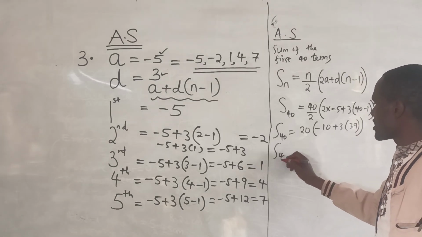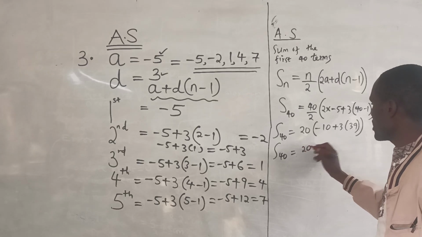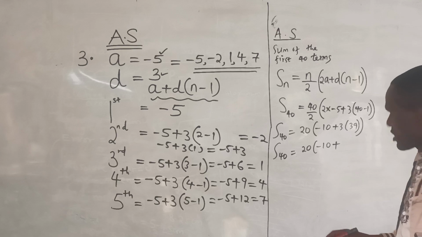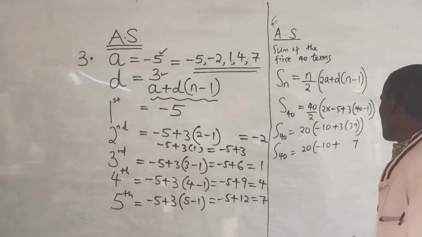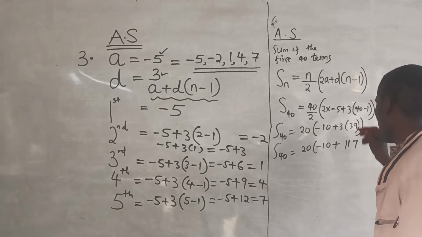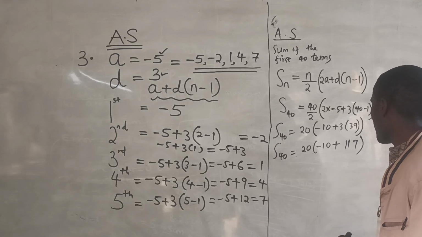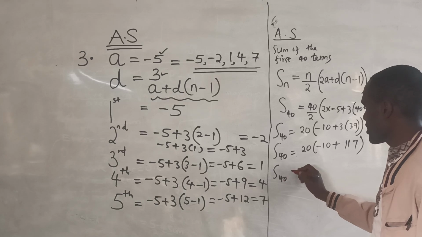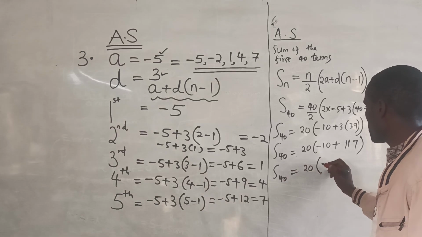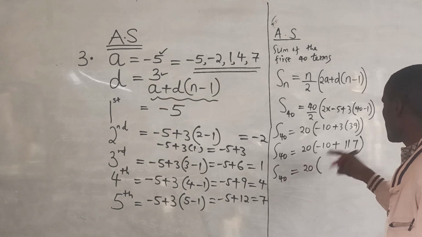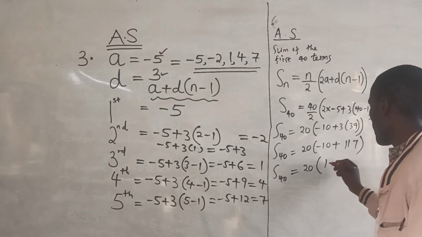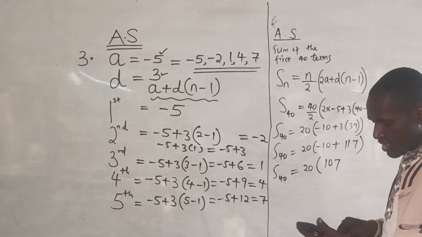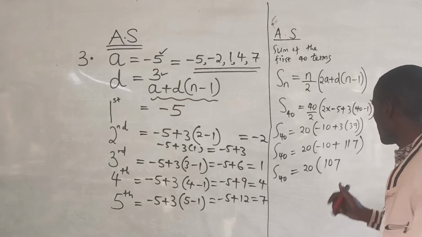So the sum of 40 terms will be equal to 20 into -10 plus. So that is 39 times 3. So that is 27 carry 2, that is 9, 11, that is 117. So we shall have the sum of 40 terms being equal to 20 into -10 plus 117, that is 107. 117 minus 10, that is 107.